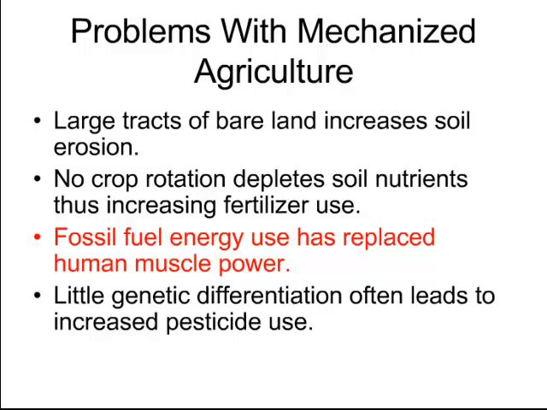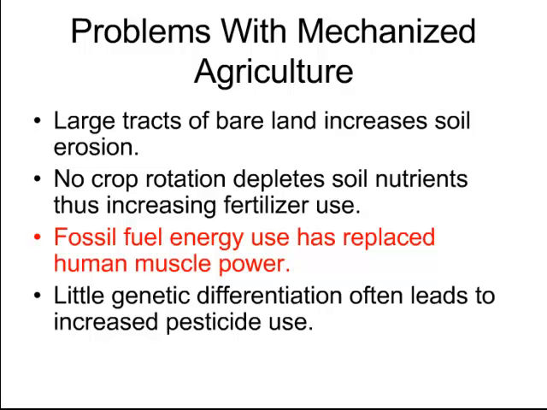The second problem was soil nutrients are getting depleted, so we have to use inorganic fertilizers, and that links the price of fossil fuels to the price of food, and also leads to the runoff, the leaching of those fertilizers into our waterways, causing eutrophication and a decrease in oxygen.